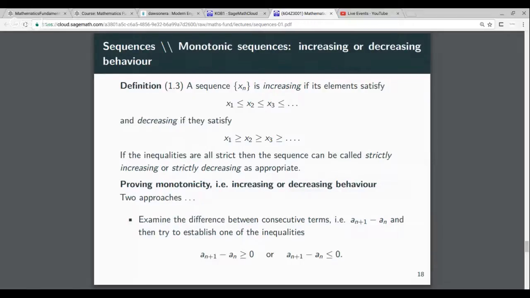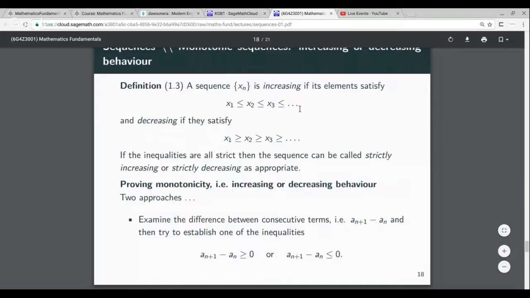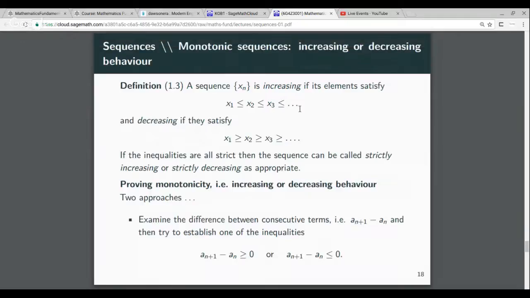These terms are pretty clear in what they mean. See Definition 1.3: we refer to a sequence as increasing if the elements are getting bigger, that is, if each element is less than the one that comes after it. In the same way, we'd call it decreasing if each element is greater than the one that comes after it.